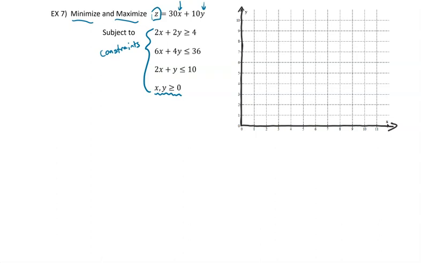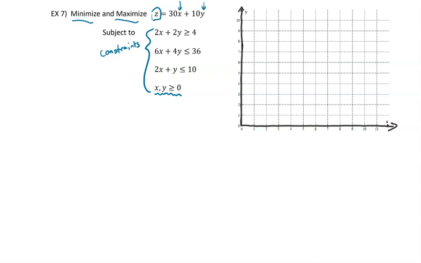And that's going to become a lot more important whenever we get into the word problems for these, because if we are trying to maximize things by asking how many tables do we need to make, well, we couldn't make a negative number of anything. So those are usually going to be there from now on, and it's just saying that both of our values need to be positive. Okay.